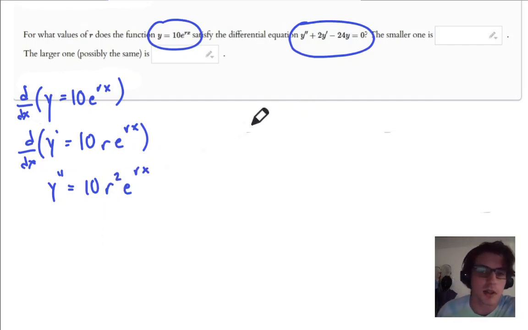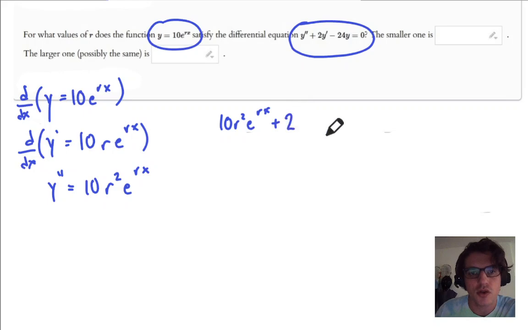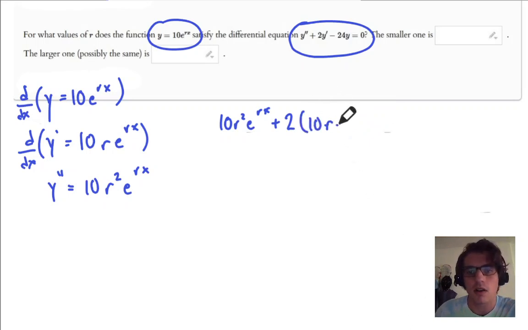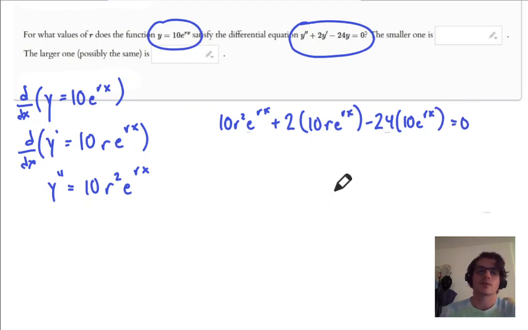Okay, we plug in now: 10 r squared e to the rx plus 2 r e to the rx minus 24 e, oh, I'm forgetting the 10. 2 times 10 r e to the rx minus 24 times 10 e to the rx equals 0.